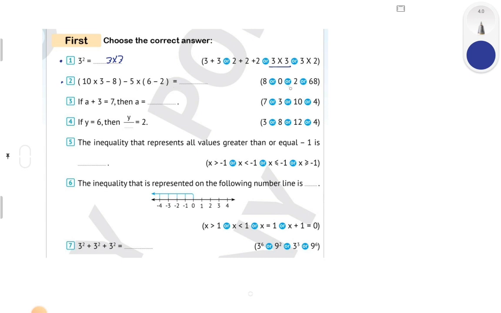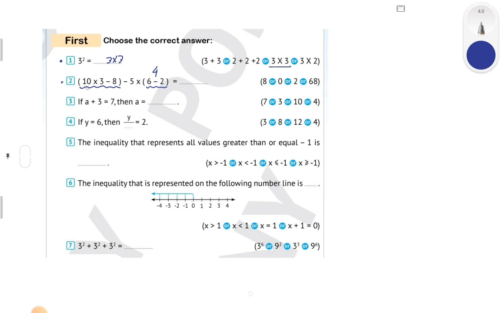Point 2, 10 by 3 minus 8, minus 5 by 6 minus 2. That's equal what? Now I need to solve this statement. We have two parentheses here, so start with parentheses. 6 minus 2 equals 4, right?